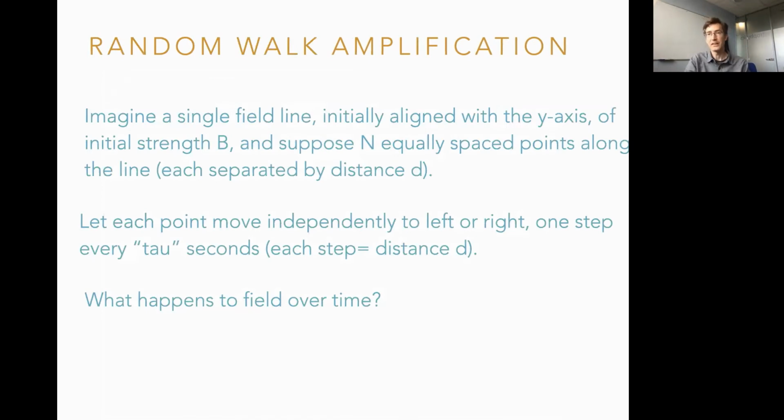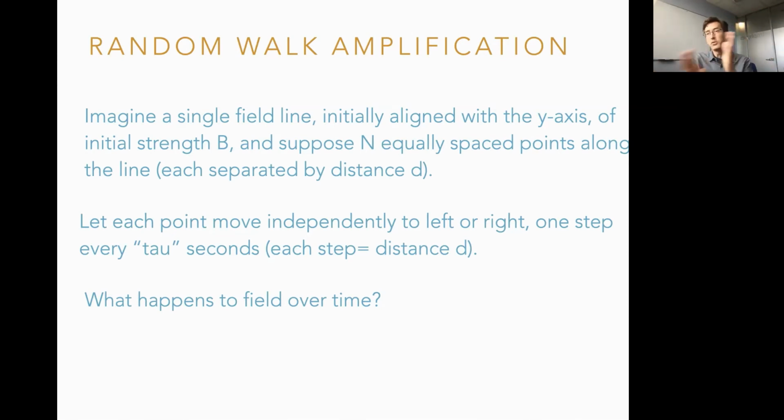So, as a kind of simplest motion you can imagine in a way, you might think about a random walk. So suppose that we've got a single field line. It's initially aligned with, say, the y-axis. It's got an initial strength, and I've put little points along it everywhere along the axis, each some distance d apart. And at every time unit, I let each point move independently to the right or the left.